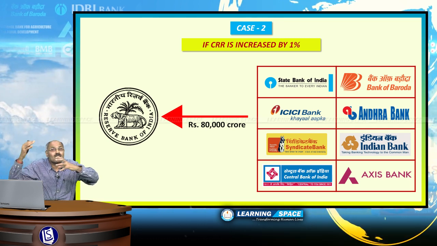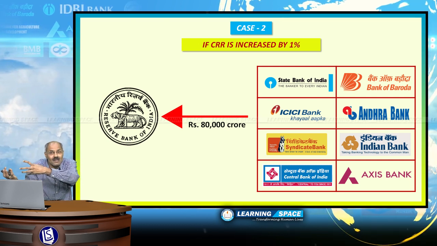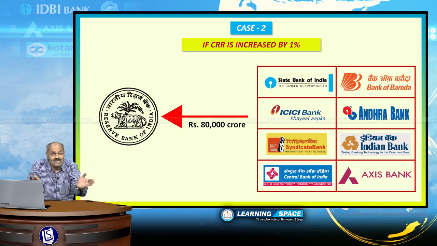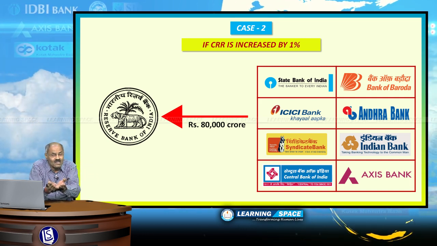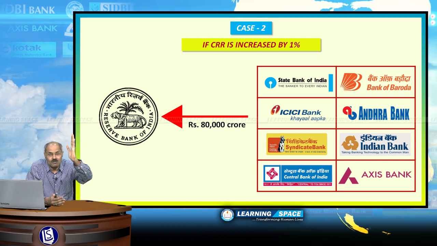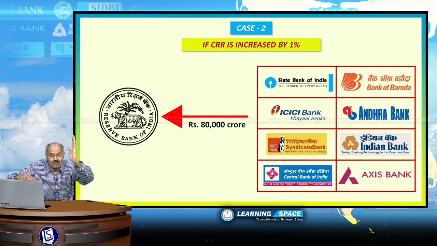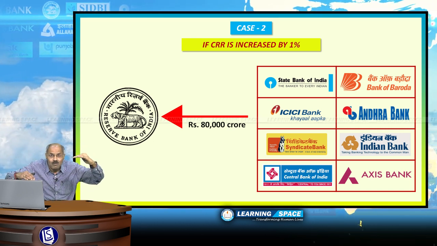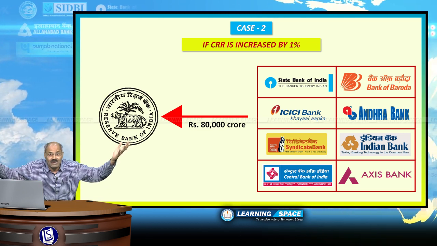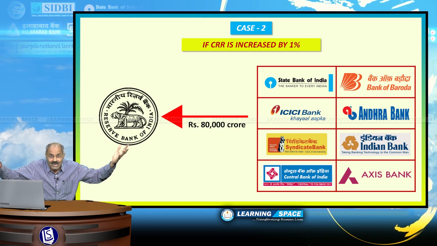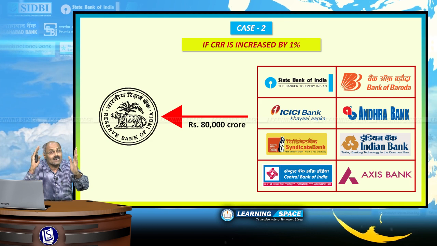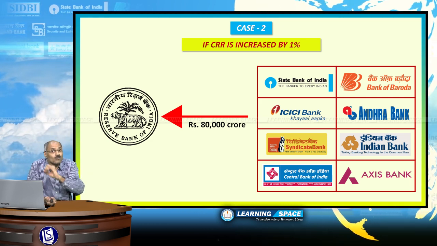Then 80,000 crores of rupees will be sucked by Reserve Bank of India and money circulation in the system will be reduced, because of which interest rates will increase, because of which growth will be reduced and inflation may be under control, but when growth reduces, unemployment will increase. So that's why RBI has to strike a balance between growth and inflation. So this is about the CRR.